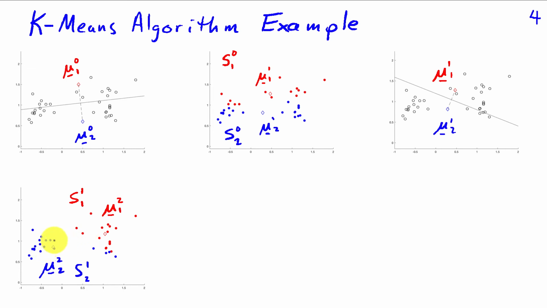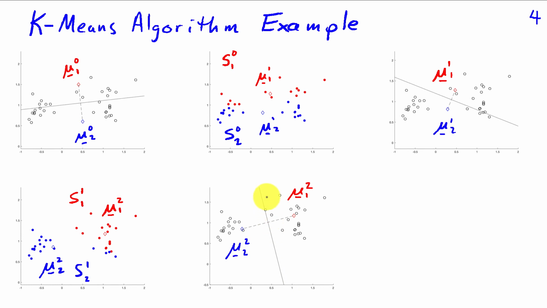Now that I have this new clustering, I can update the centroids. The new centroid will be the center of mass, or the mean value, of the points in cluster 1 for red, and then the new centroid will be the center of mass of the blue points, which I've denoted by mu2 and am showing by the blue diamond. Now that we have the new centroids, we can repartition the data into clusters based on distance from those new centroids.